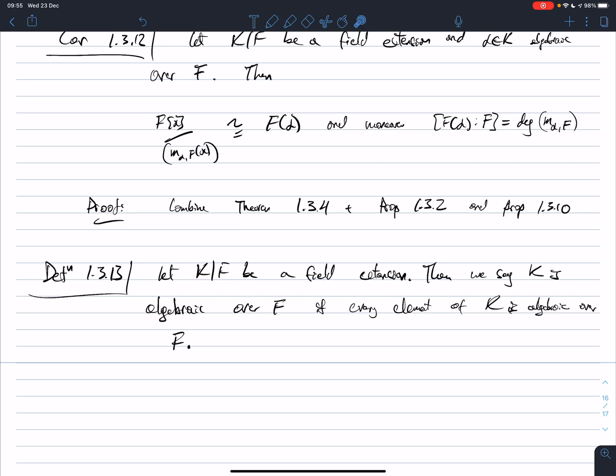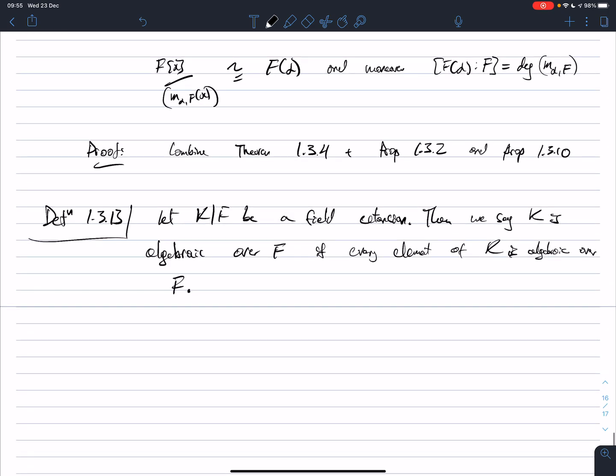So in general, this isn't just a completely random extension. I've not thrown in like the number pi or e or something in general. I've only thrown in roots of some nice polynomials. So it gives you some control. So these are some fields which you can have a hope of good understanding. So here's some examples of algebraic extensions.